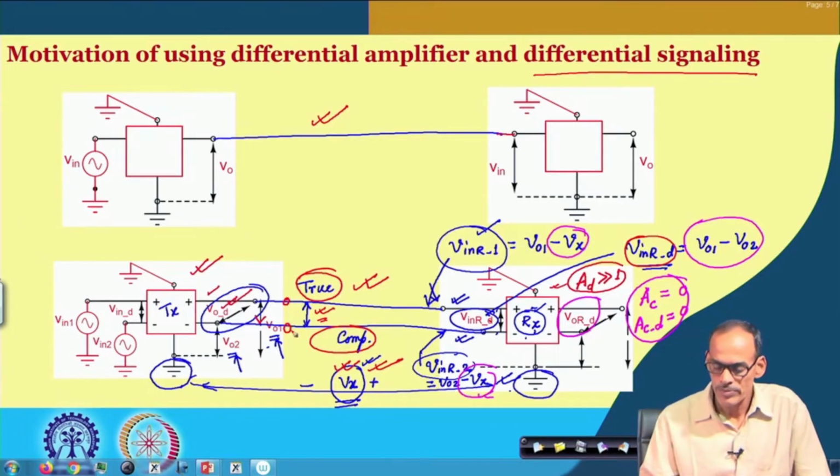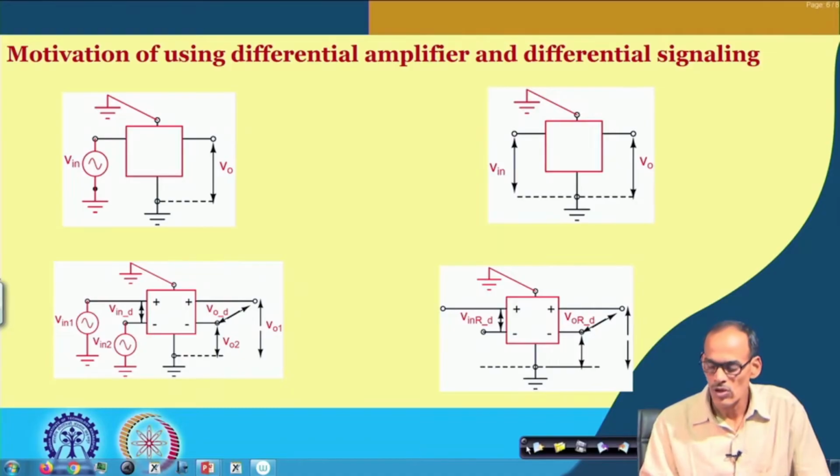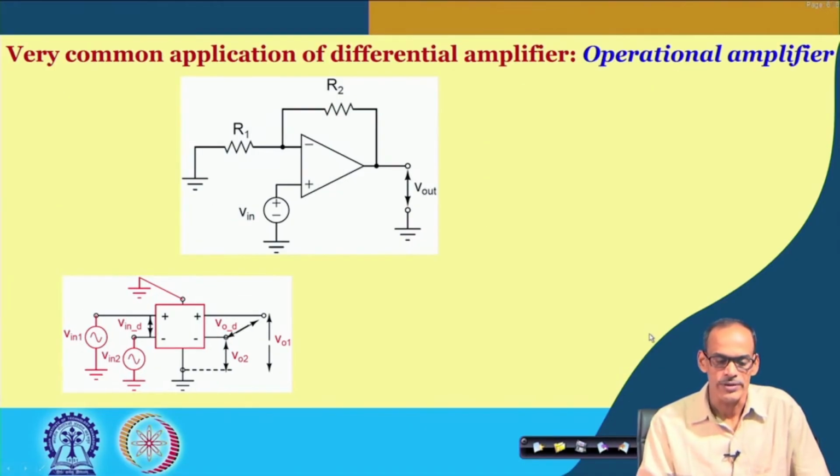Apart from this, of course, a very common and age old application of differential amplifier, I should say, is the op-amp, operational amplifier. So, let us see why we require a differential amplifier for this op-amp implementation.